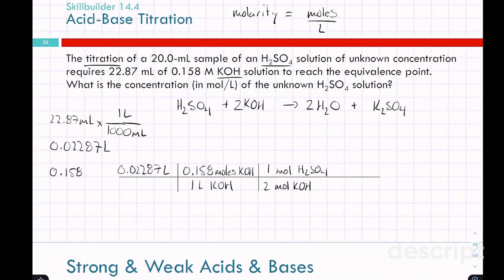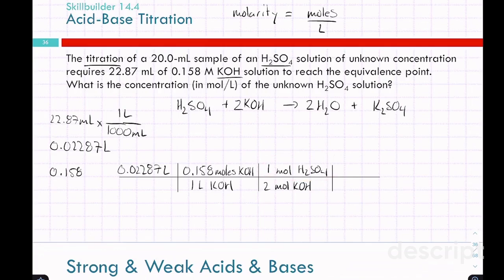And then put the molar mass of H2SO4 on top and 1 mole of H2SO4, if we wanted to know the number of grams of H2SO4. But because it's asking for the concentration, and we have the number of milliliters, then we just need the number of moles. So this will give us moles of H2SO4. In terms of the stoichiometry problem, we're done here.